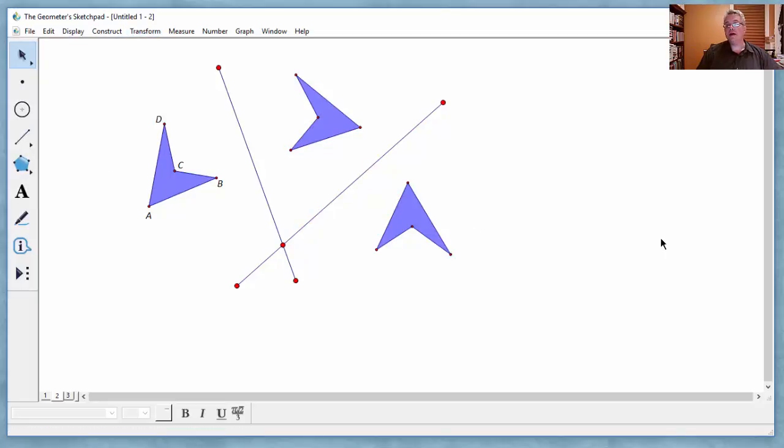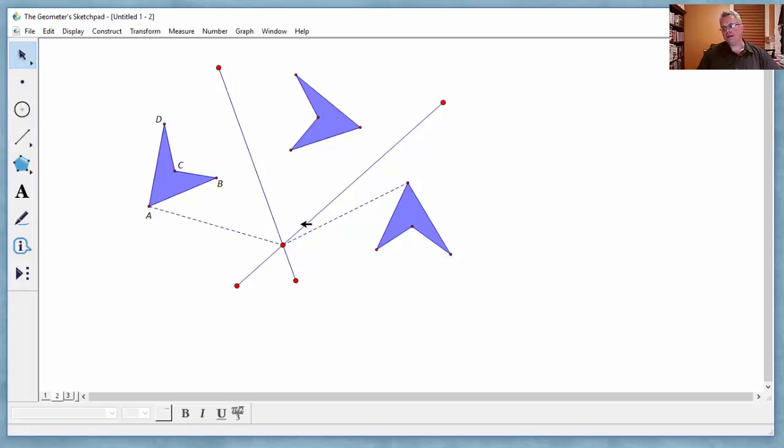So it's definitely not a translation this time. If I compare the first one to the second one, certainly not a translation. It's a rotation. It's rotated about this point right here that I'm clicking on. Now, if we want the angle of rotation, we can measure that. I'm going to draw a line segment from A to that point and to the matching point over here. And we see that the angle of rotation is a big obtuse angle.